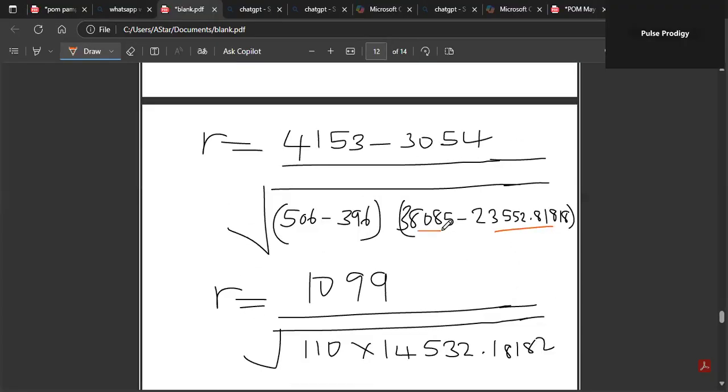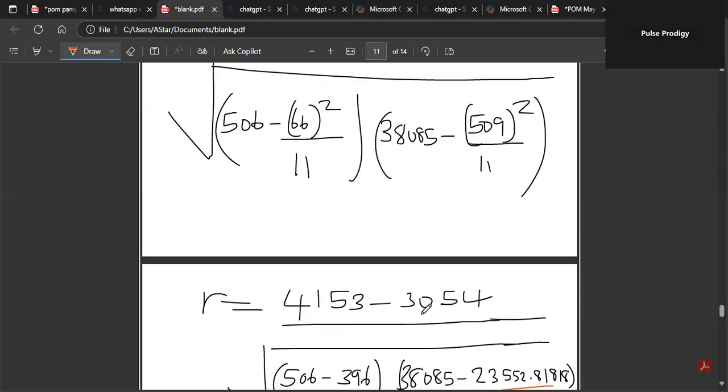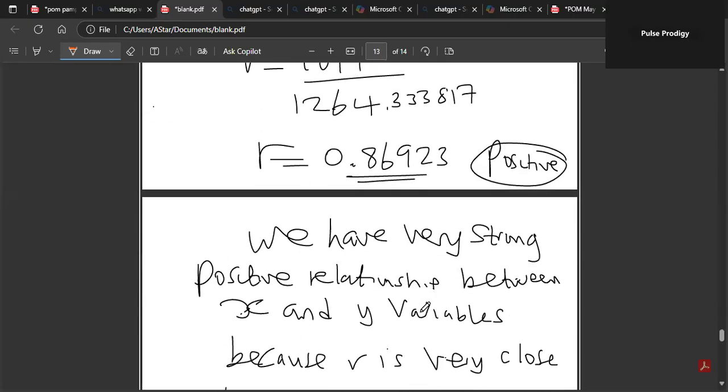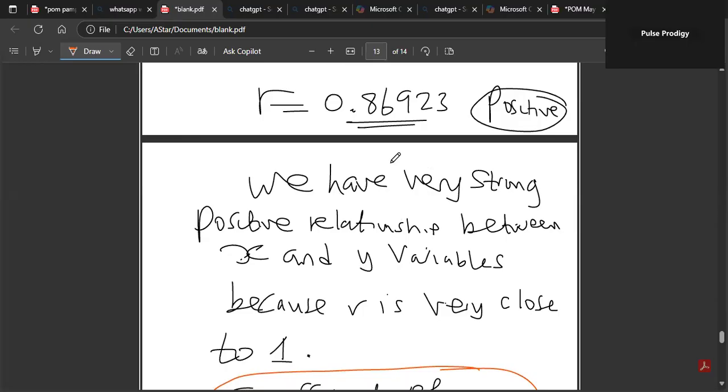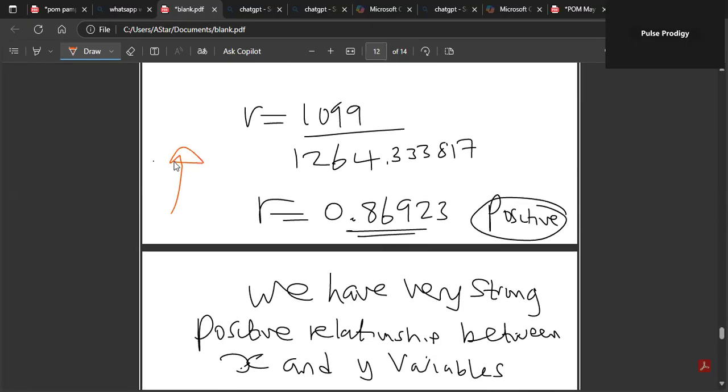Substituting these, we got our R as 0.86. We have a very strong positive relationship because this is very close to 1. It's strong and it's positive. So as the years are increasing, the sales are also increasing.